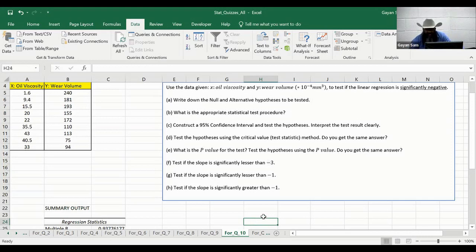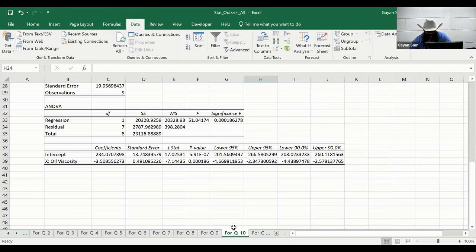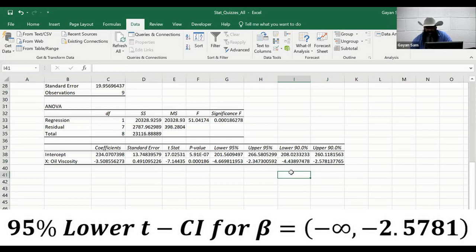I already have the 95% lower confidence interval. Here's the 90% two-sided confidence interval. So the lower limit is replaced with -∞, and the upper limit stays as -2.5781.